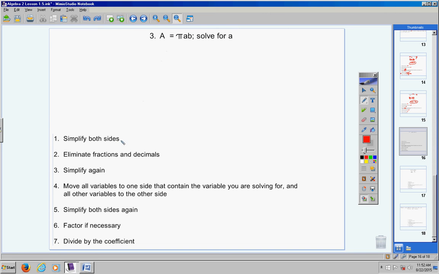Simplify both sides. Well, first of all, don't become confused, students. Are you listening to me? This right here, pi AB, is one term. Yes, that's one term. Positives and negatives are what divide up an expression into terms. If you had pi plus A minus B, that would be 3 terms, okay?